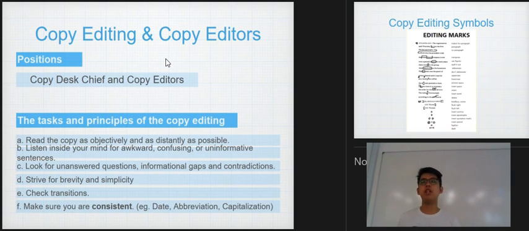For example, if you mention May the 5th, you cannot mention 5th May later in the story. Also, capitalization is very important. You should make sure what should be capitalized before the editing. And also abbreviations: what should be used in short form, and what should be spelled out in full. It should all be consistent.